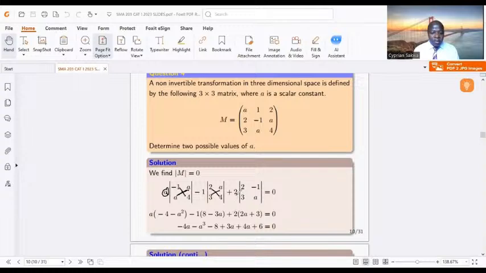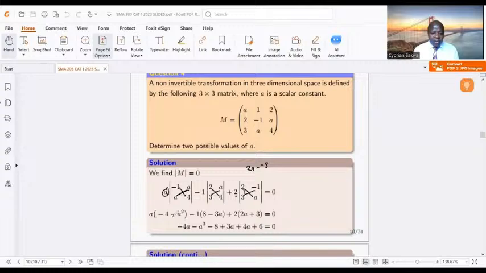Then plus 2, this diagonal here is 2a, and this is negative 3. So I have 2a minus negative 3. That gives me 2a plus 3. That's what we're seeing, equal to 0.